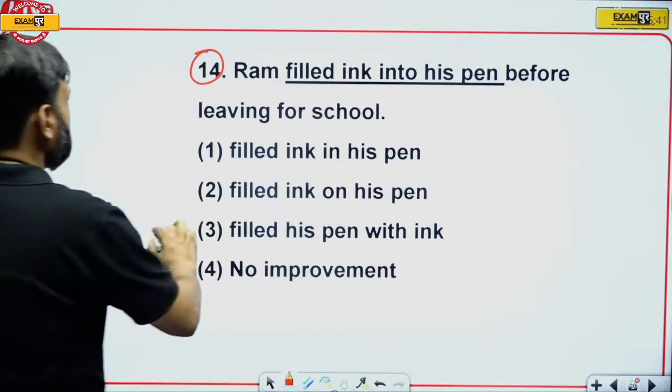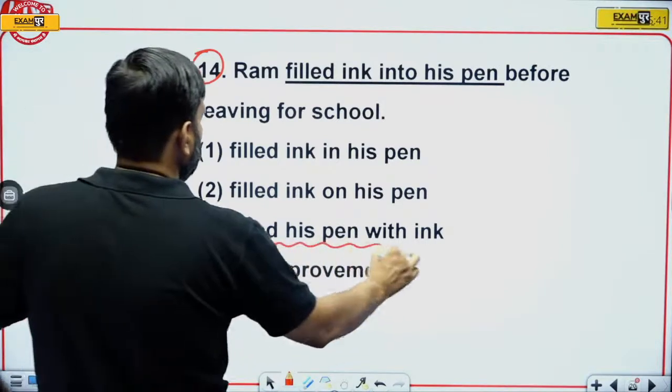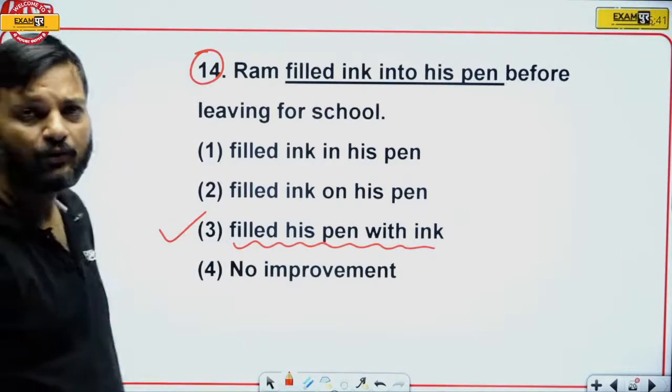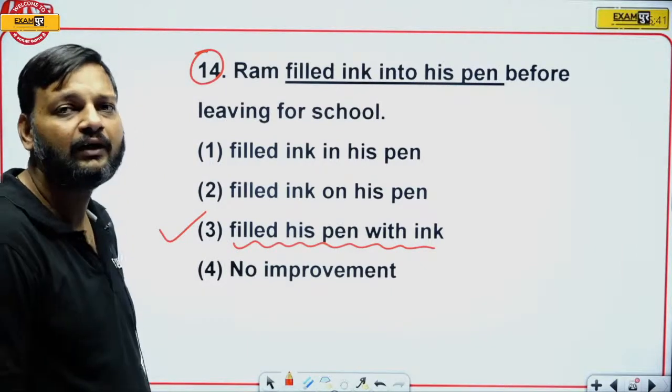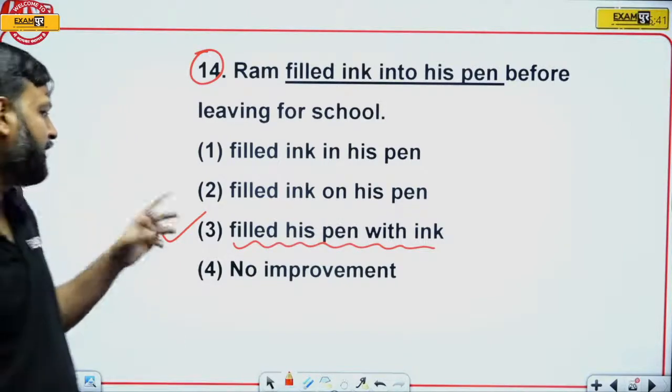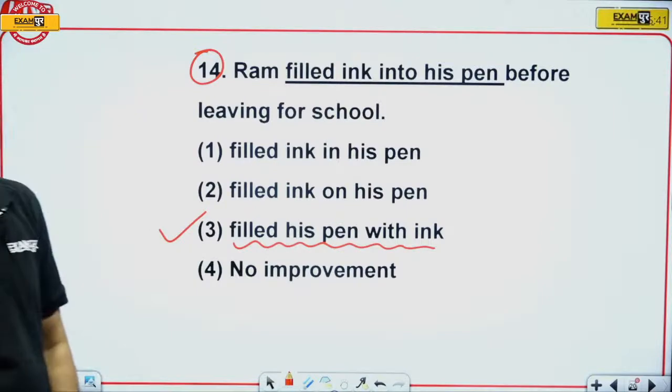See, here option 3 is the right answer. Filled his pen with ink. Okay, because ink is the instrument that is used to do something. So here ink has been used to fill the pen. Okay, so the option 3 is the right answer. Filled his pen with ink.